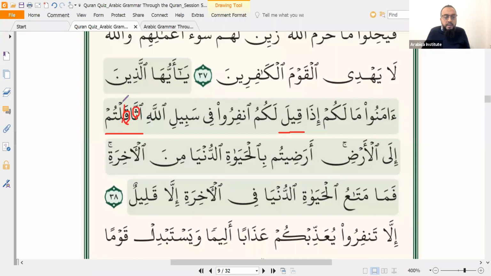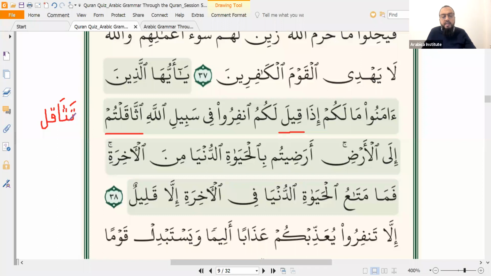What does thaqil mean? Heavy. Good. So this is actually a very interesting verb. It's an alternative version of form 6. All right. So form 6 from thaqala would be تثاقل. Good. تثاقل يتثاقل فهو متثاقل تثاقلا.